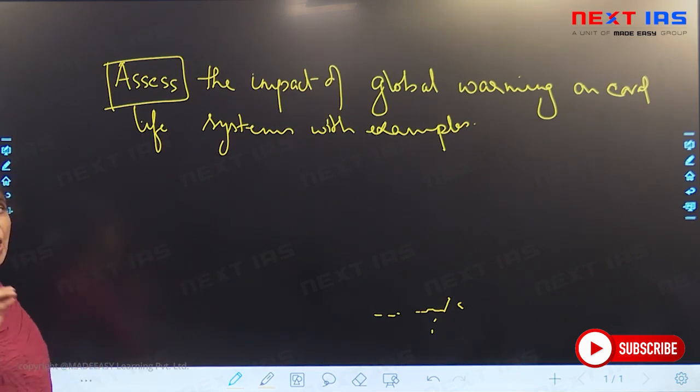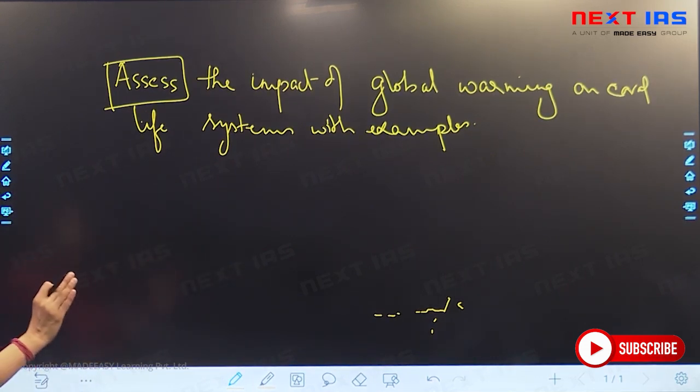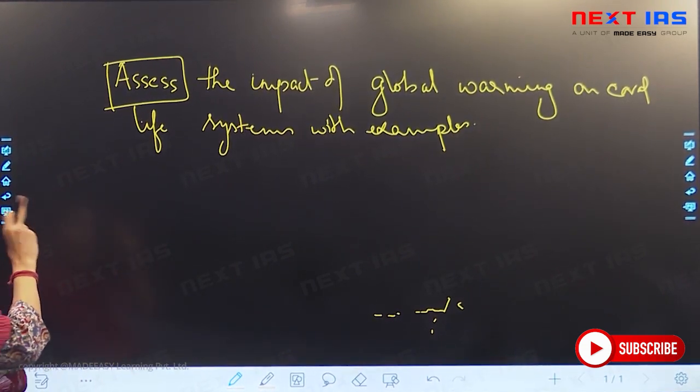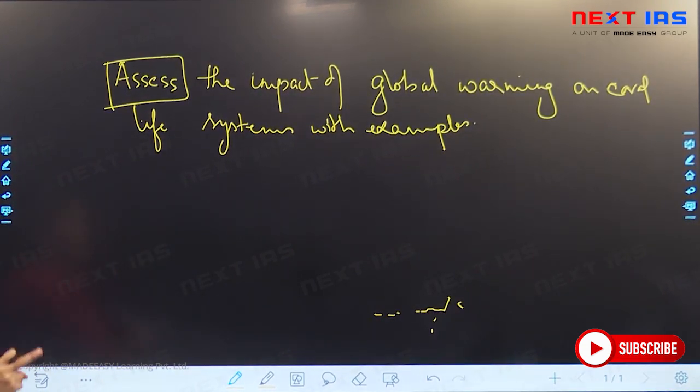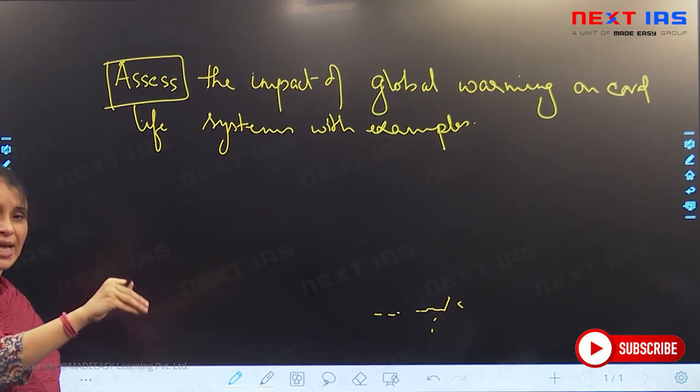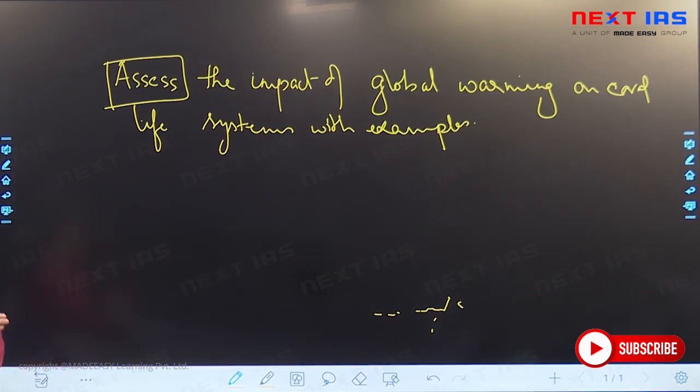So assessment is when you are seeing the things that are happening, or you are seeing the trend, you are comparing what was there and what is the present. So you give an estimate about it. That is what you have to do in assess: you have to give your opinion based on the trends which were there and what is there now. So that is your assess.